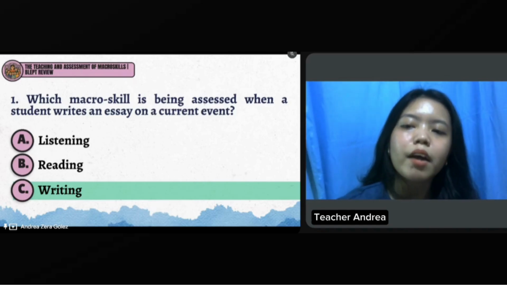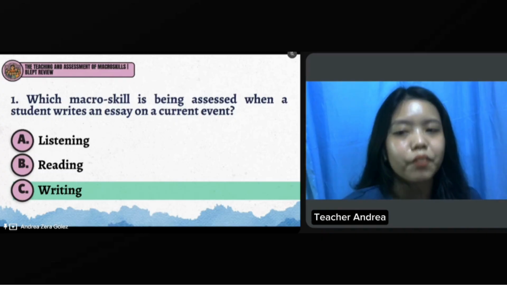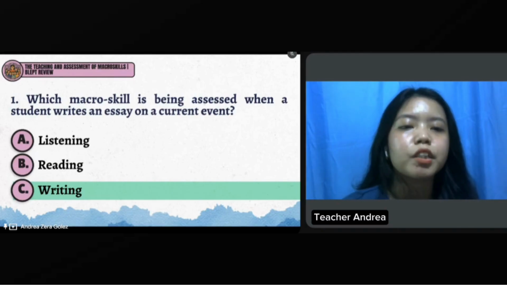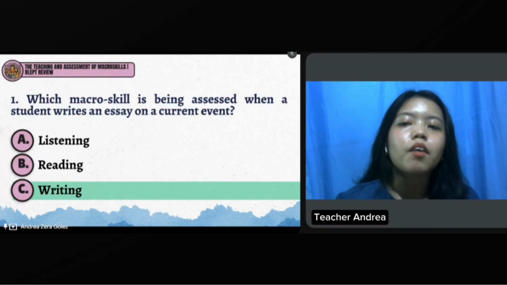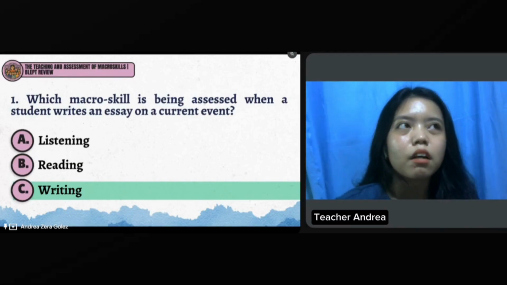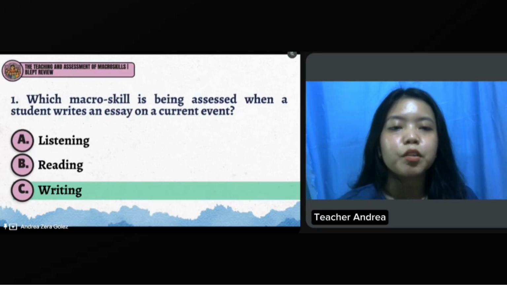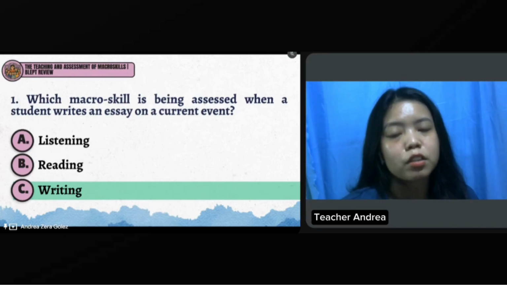However, there are still two choices given, so let's explain why they are not chosen. Letter A, listening, doesn't connect with the skill portrayed by the student, which is writing an essay.